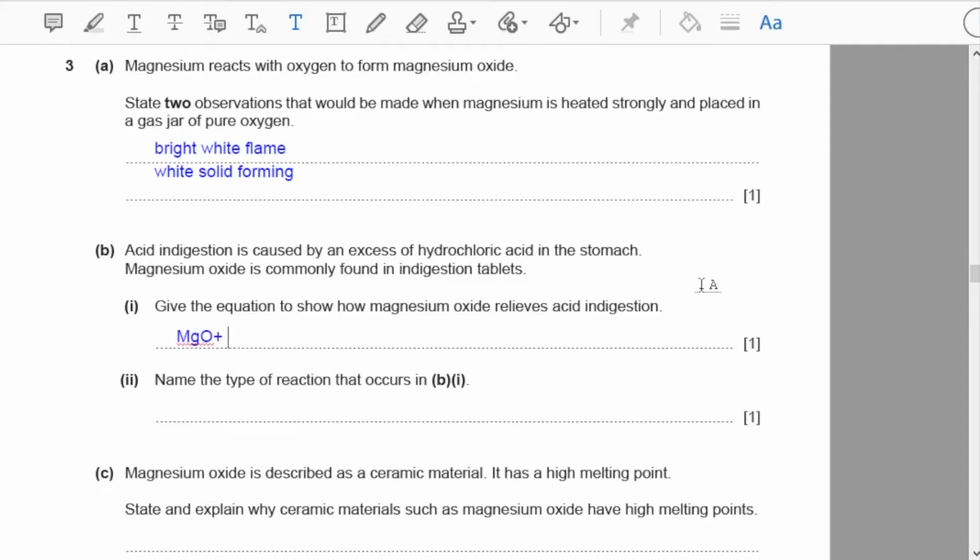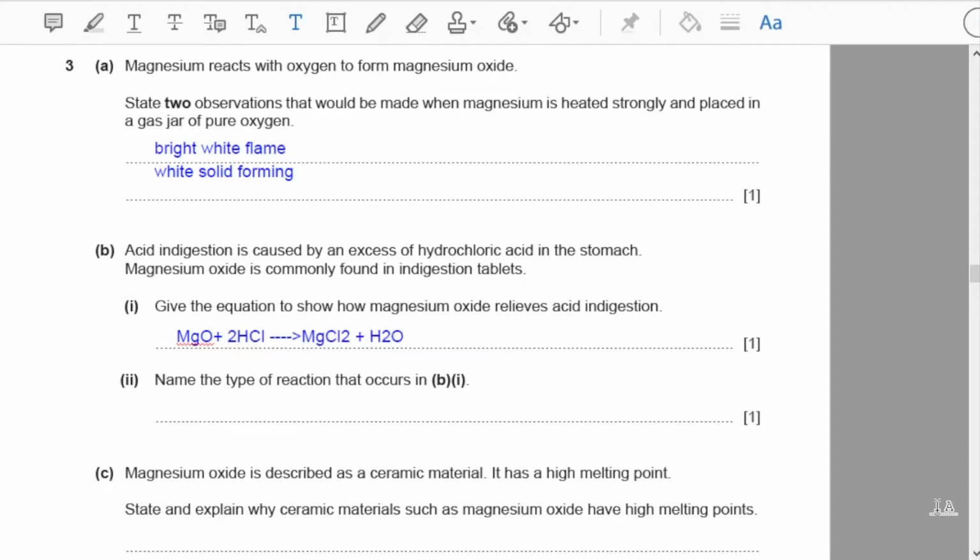It will be dealing with the excess amount of HCl, and since metal oxides act as bases, reacting with an acid gives salt and water. So magnesium chloride will be forming plus water. I'll balance it too.